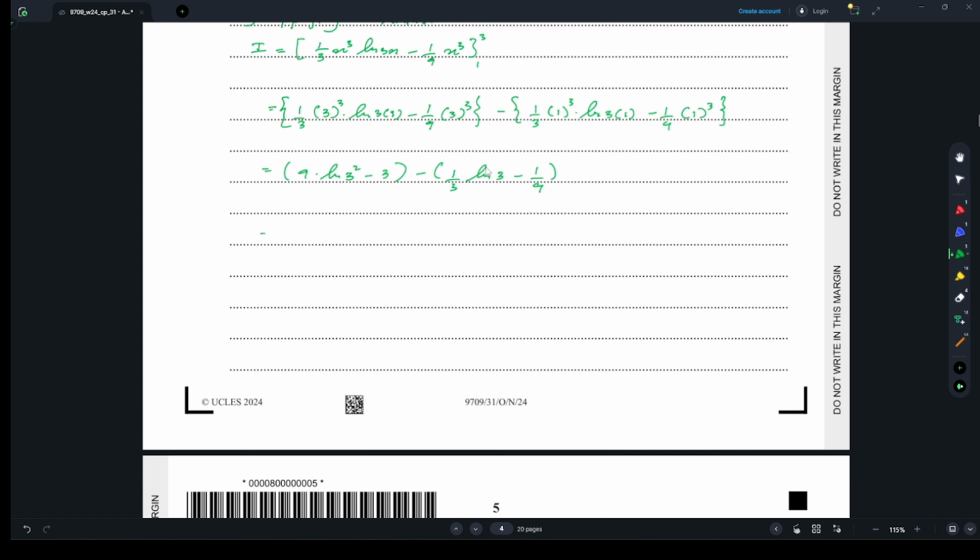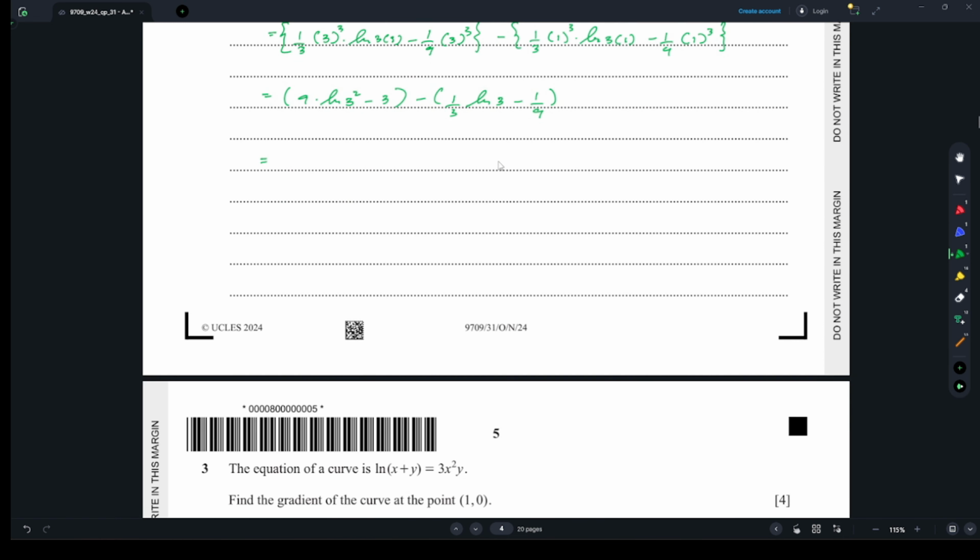If I simplify a little bit further, I can take out this square, so here we have the ln 3 square to the outside. When I bring that square to the outside, it's multiplied with 9, so 18 ln 3 minus 3, and here minus 1 over 3 ln 3, and then plus 1 over 9.